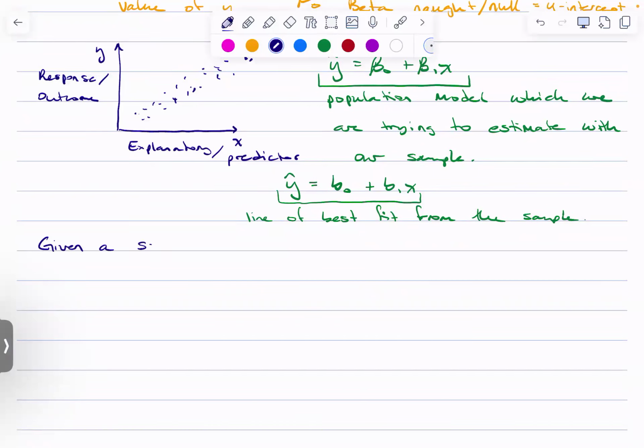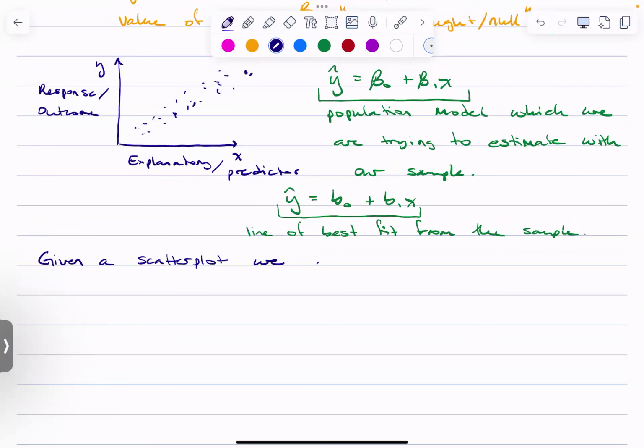Given a scatter plot, we need to be able to describe the relationship. And much like a histogram, when we're describing the relationship, there are three things that we need to discuss.